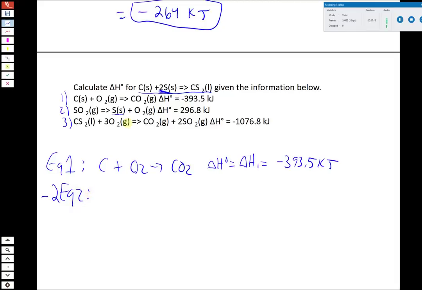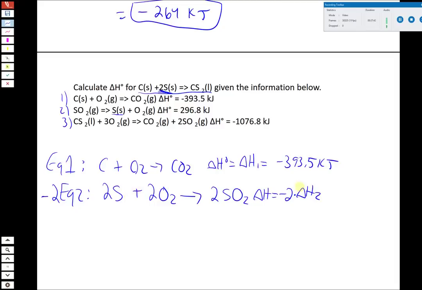Alright, so in doing so we get two sulfurs as a reactant, two oxygens as a reactant, and then we also get two SO2s. The delta H for this one is going to be minus 2 times the second delta H because we flipped and doubled this.